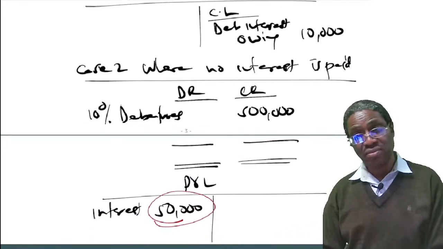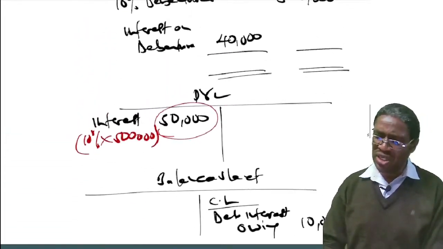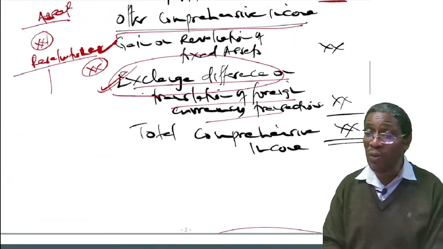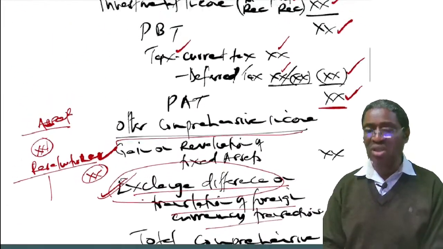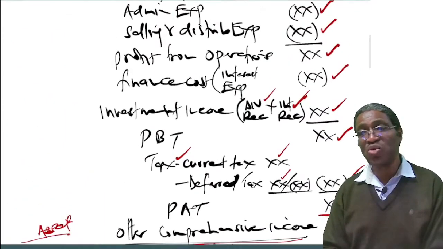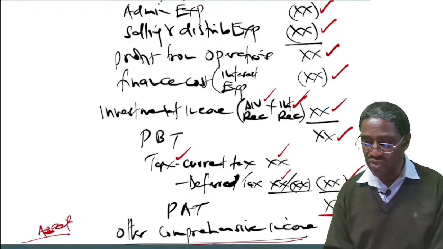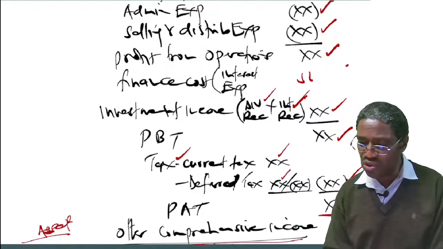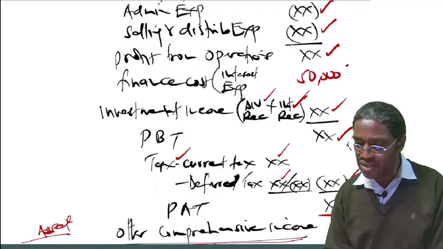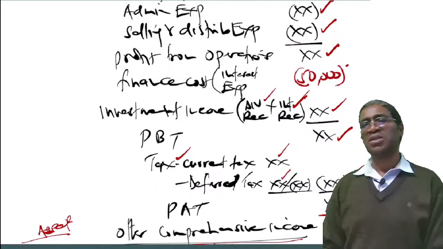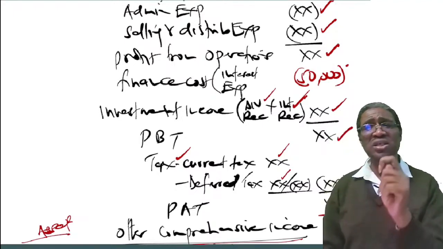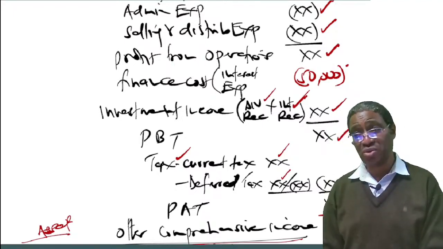Now listen, that 50 is what I said, when you are doing your income statement in a vertical format, like what we are doing now, that 50 is what you consider as a finance cost. If you remember, I brought it somewhere here, where I was showing you that you normally charge the interest of 50 as a finance cost. Good. But that is not the only example of a finance cost.